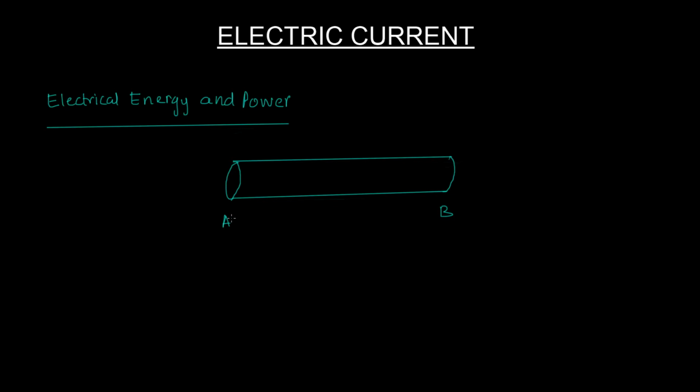Now let us say that this end A is at a potential of VA, and this is at a potential VB. And let us say that VA is greater than VB.